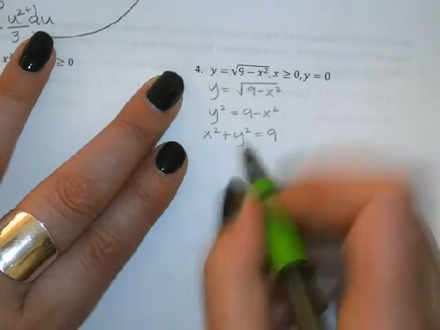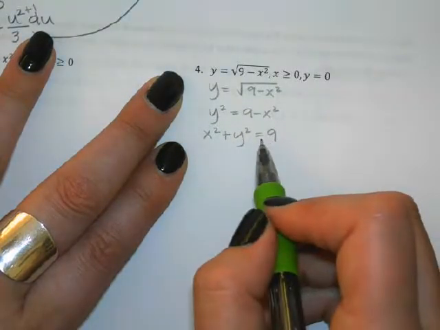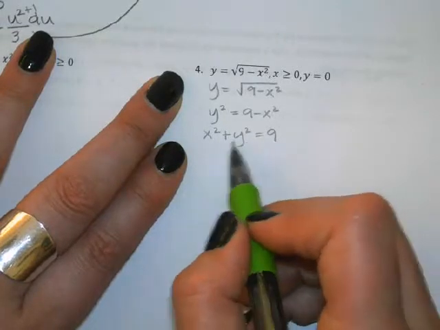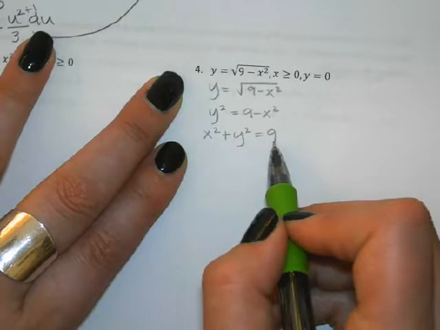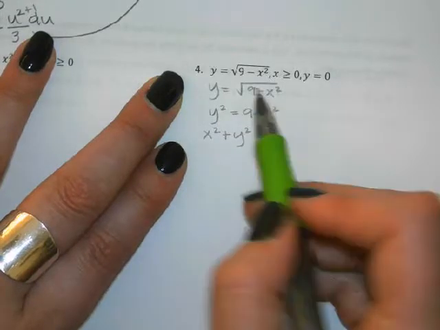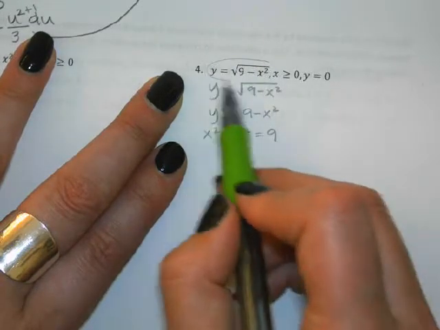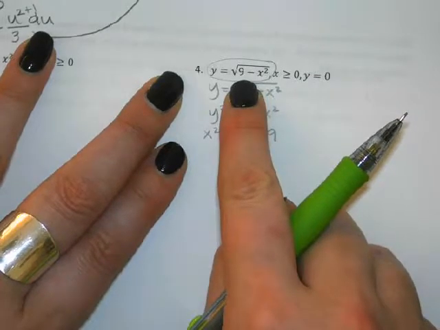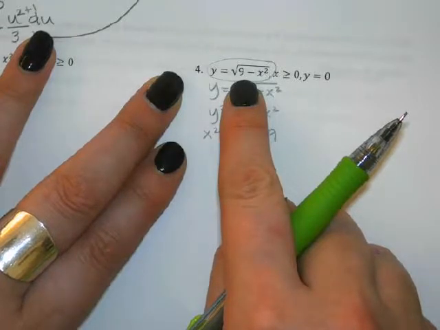Do you recognize what that is? It's a circle. Centered where? Centered at 0, 0 with a radius of 3. So what this is right here is the calculator-friendly version of a circle where you can plug it in. It's a function. It doesn't have a plus minus.